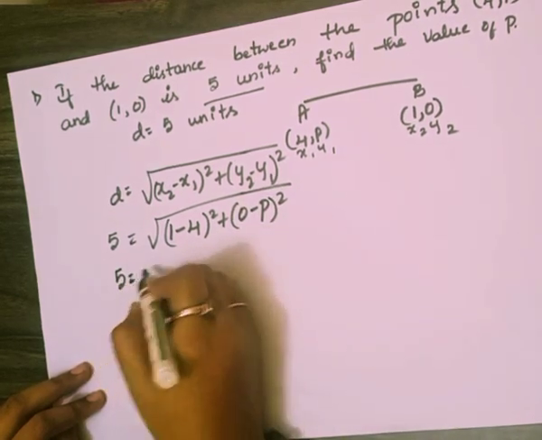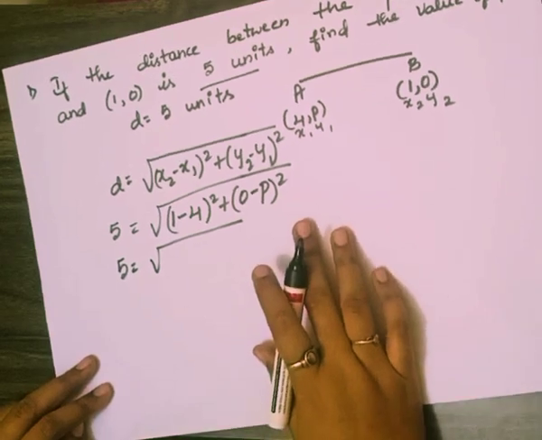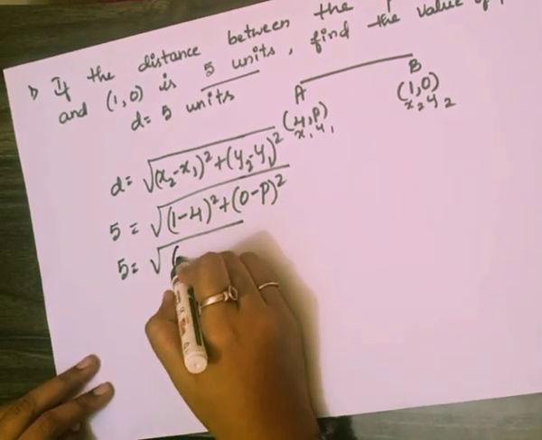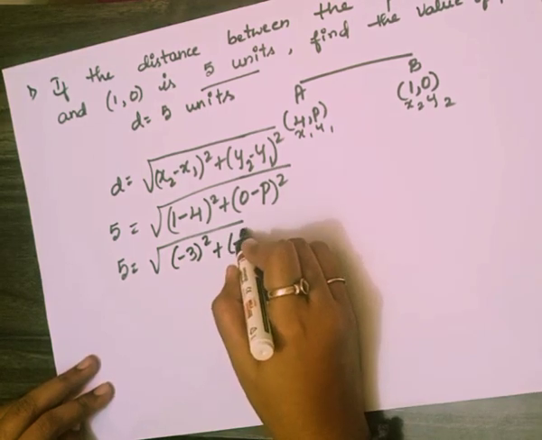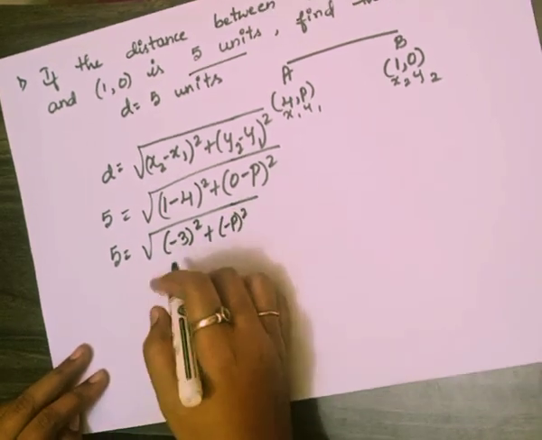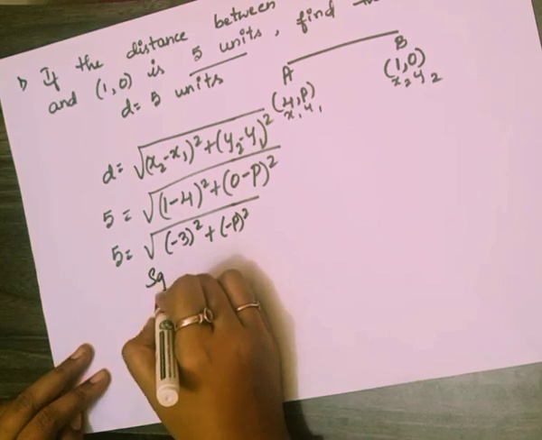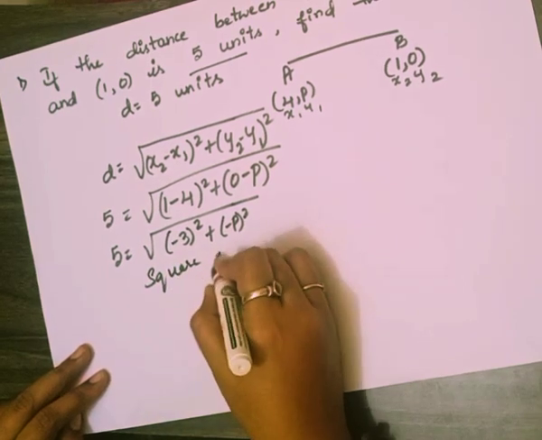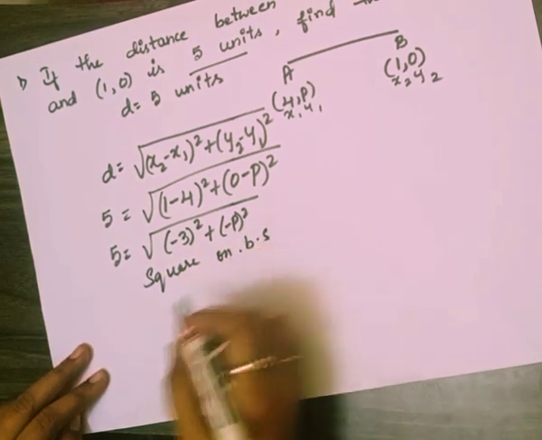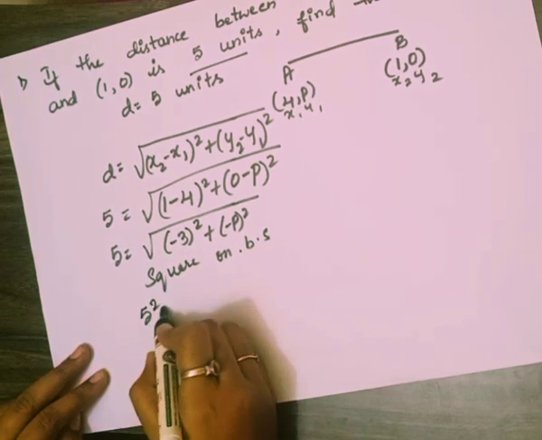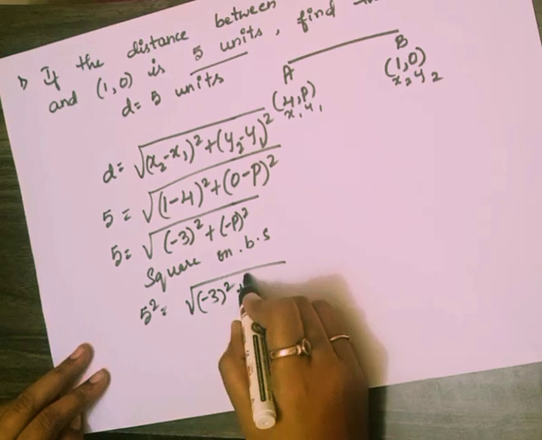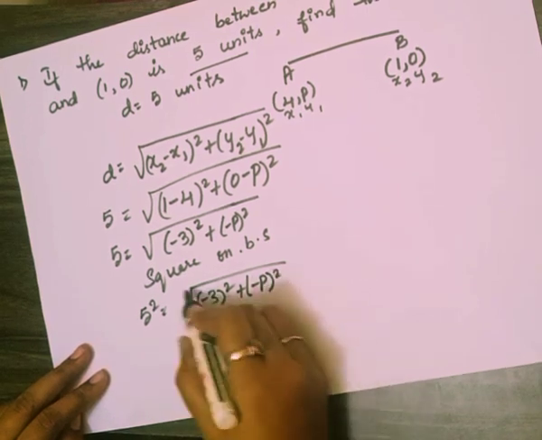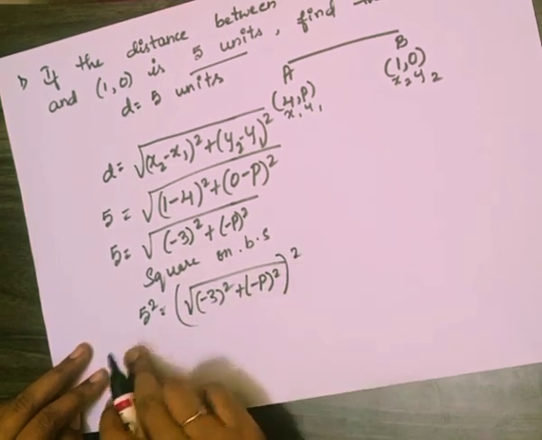Now 5 is equal to the square root of (1 minus 4) whole square, which means we'll get (minus 3) whole square, plus (minus p) whole square. Now we can do square on both the sides. Then we'll get 5 square is equal to the square root of (minus 3) whole square plus (minus p) whole square, whole square, because I am squaring both the sides.